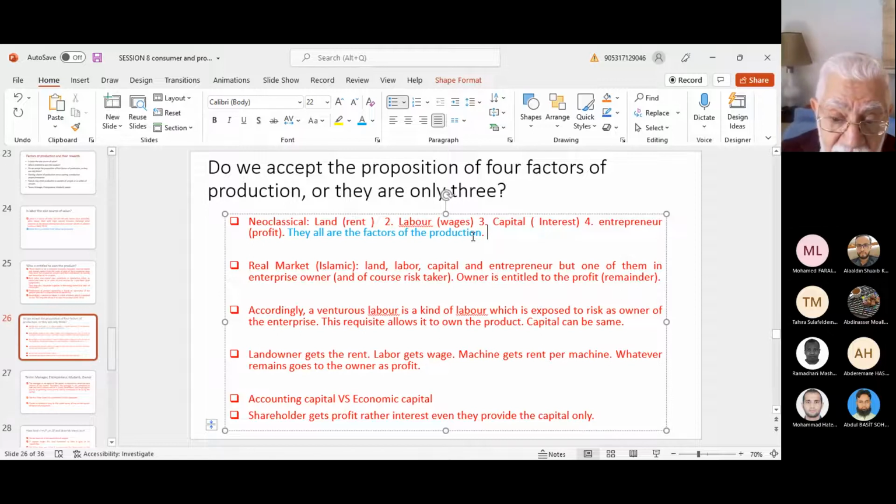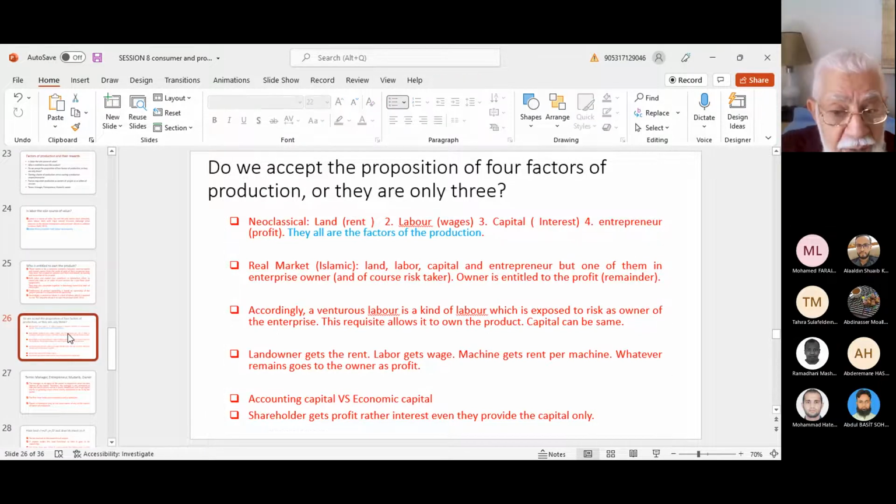So the owner of capital, owner of the machine, may hire the other factors of production, including entrepreneur. Owner of the land may hire all other factors, including entrepreneur. The entrepreneur may hire all these other factors also, and he provides his own capital or his own credit that he got, which is equal to capital that he got from the financial institutions.